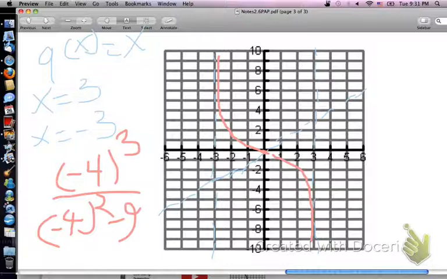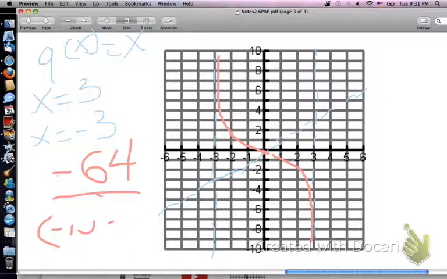So we would get minus 64 on top, and 16 minus 9 gives positive 7.